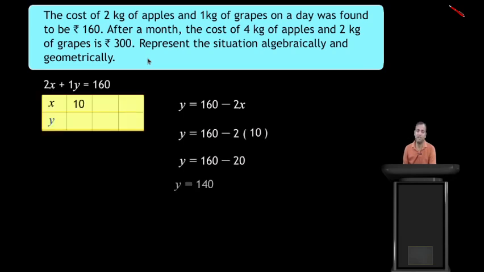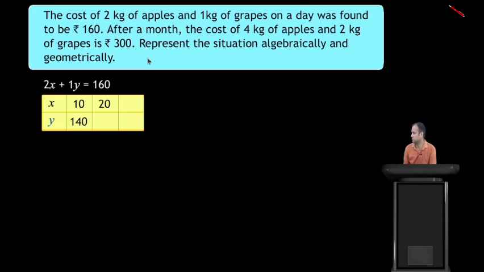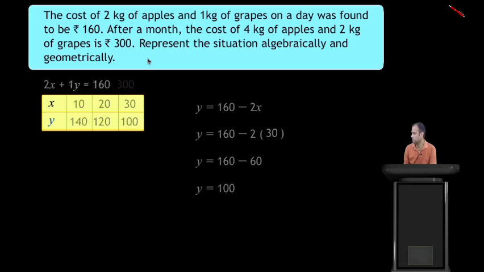Now we will find the points for these equations. If we put x equals 10 in this equation, then we have y equals 140. If you put x equals 20, then y equals 120. And if x equals 30, then y equals 100.